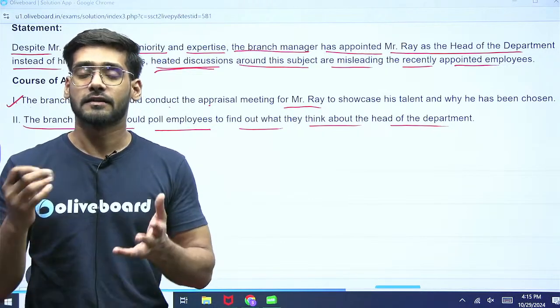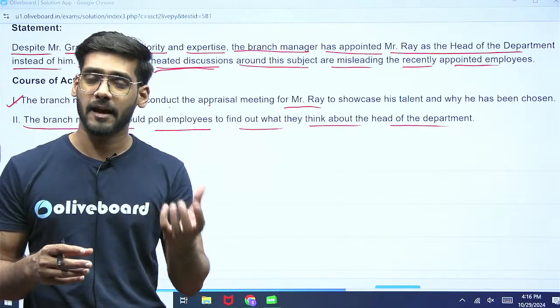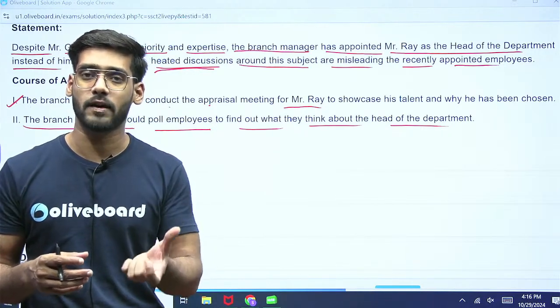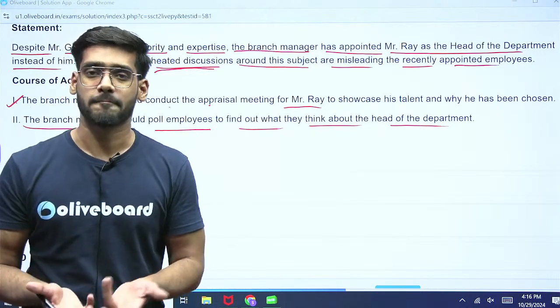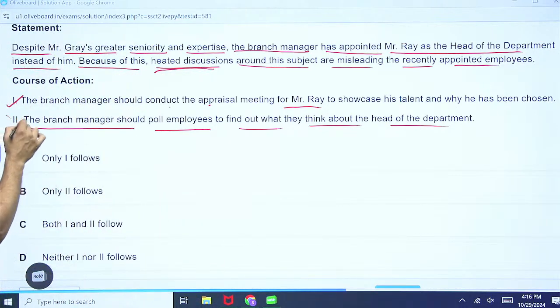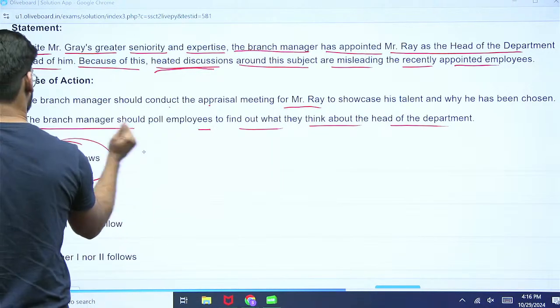The use of polling would be helpful if the branch manager had conducted the polling before the appointment. After the appointment, there will be no use of polling. So the second one is not the right course of action, only one follows, right? Next question.